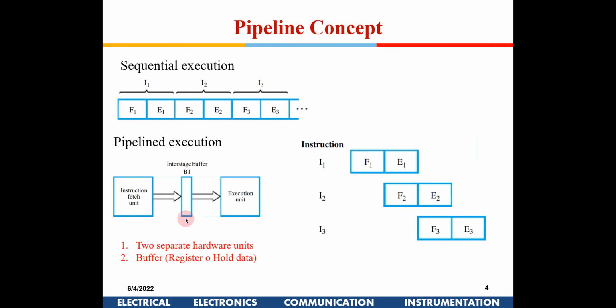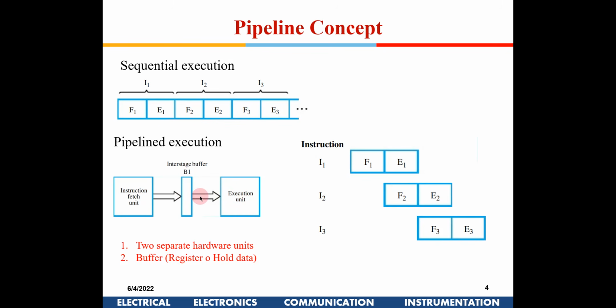Now why do I require a buffer, right? See, the first instruction has come. We have fetched that instruction and we have decoded it. So now we are giving that input to the execution unit. While the execution unit is executing or implementing that particular function which is being given here, the instruction fetch unit is trying to compute the next instruction, right? So if this data is going to change out here, the results of the execution unit are going to get corrupted, right?